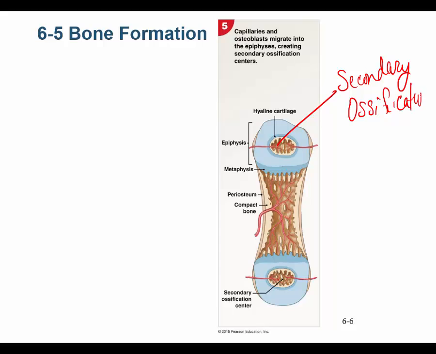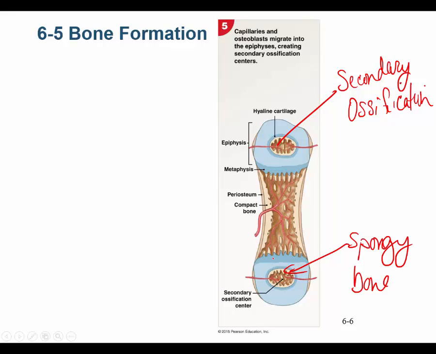Some of your bones, you're born with the epiphyses still cartilage. But don't worry, because as a baby, you set up these secondary ossification centers and you ossify your epiphyses. But remember, these epiphyses are primarily spongy bone. So even after secondary ossification goes on, you're leaving that as spongy bone. You don't remodel it to compact bone. You only remodel the diaphysis.